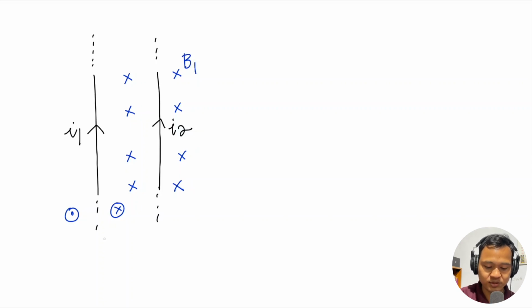Let's say the separation between them is d. I want to find out the force on 2 due to 1.